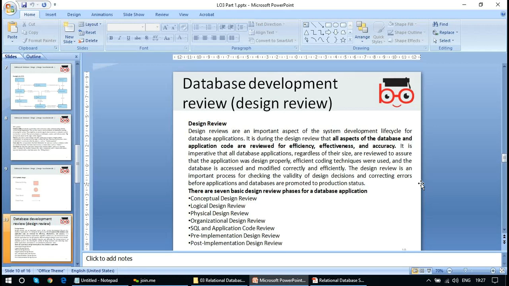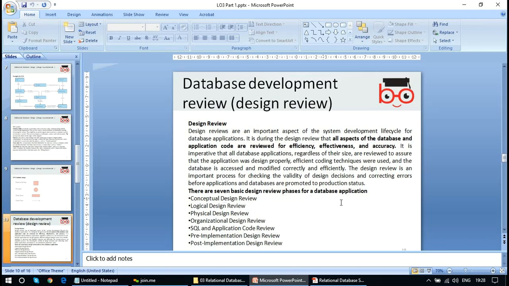The reviews are an important aspect of the system development lifecycle for database applications. It is during the design review that all aspects of the database and application code are reviewed for efficiency, effectiveness, and accuracy. So you are in the implementation phase, which also includes the review. So your review provides the efficiency, effectiveness, and accuracy.